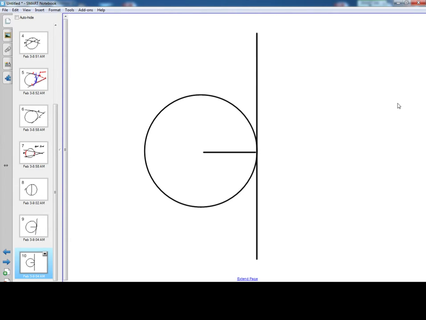If the radius and a tangent meet at the point of tangency, then you've created a right angle. They have to meet at that point of tangency.